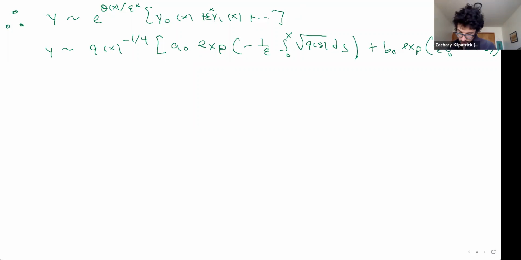Close all the parentheses up. And these a0, b0 constants, they may be complex.